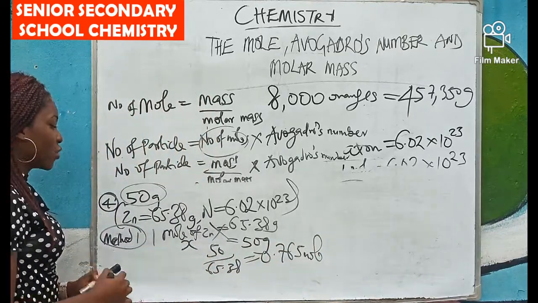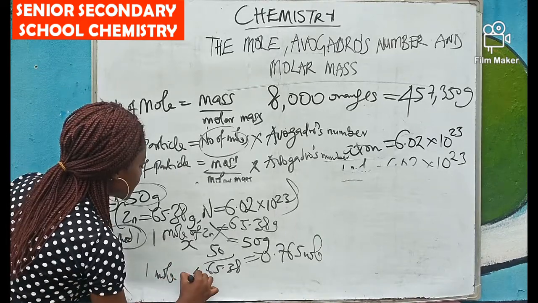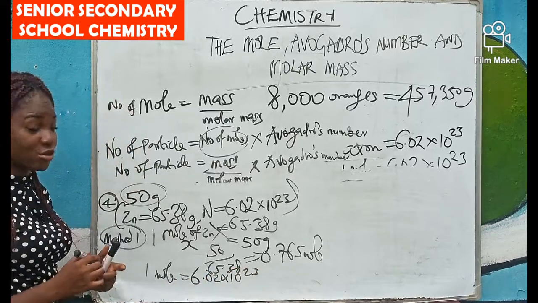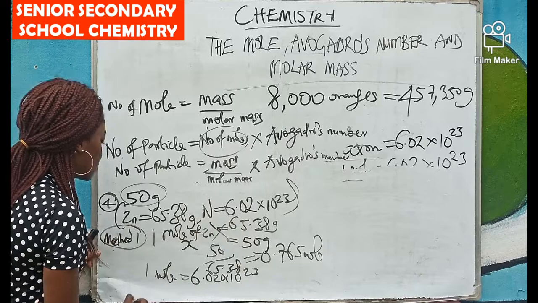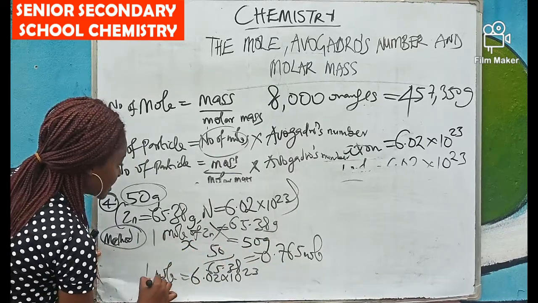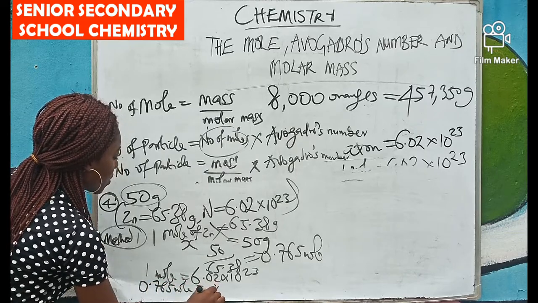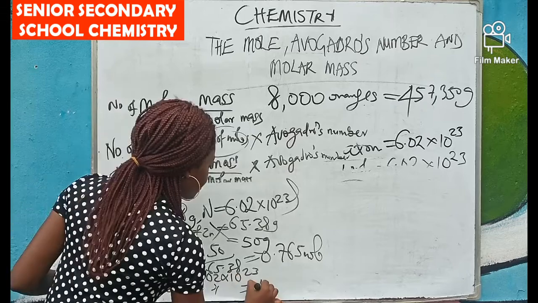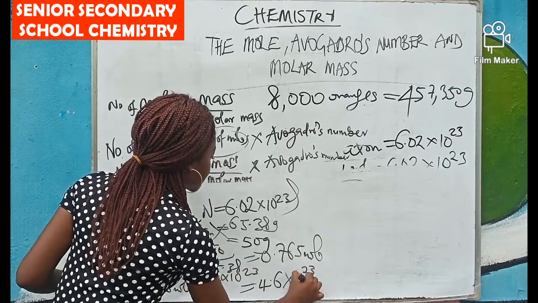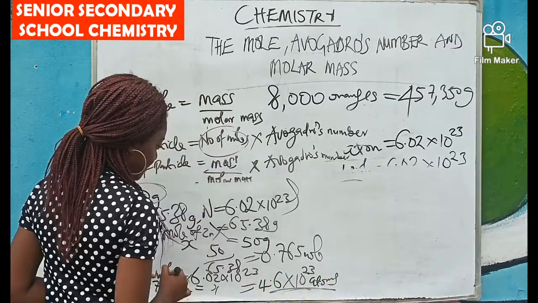Okay, and we know that 1 mole of an atom is equal to 6.02 times 10 raised to the power 23, which is our Avogadro's number. How many atoms are present in 0.765 mole? Now when we cross multiply, we'll be getting 4.6 times 10 raised to the power 23 zinc atoms present.